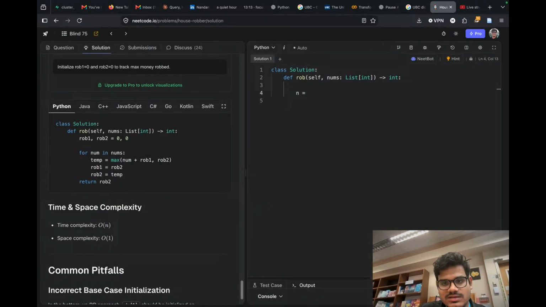So let's say n is length of nums, right? We can have a temp, which will be equal to 0, or let's say A, right? A which will be equal to 0. Just have a B should be equal to nums[0], for i in range 1 to n.